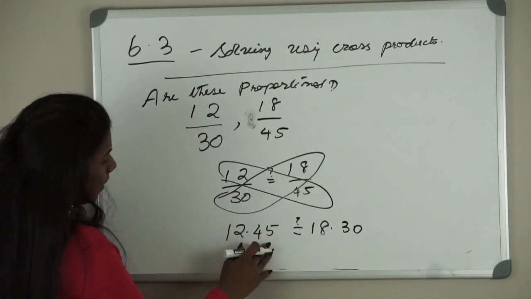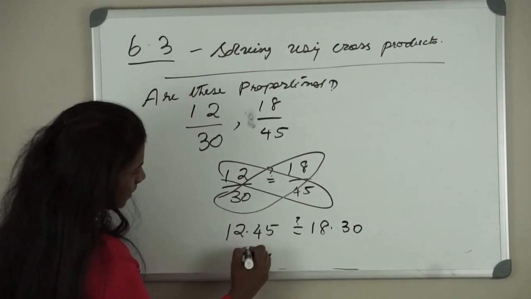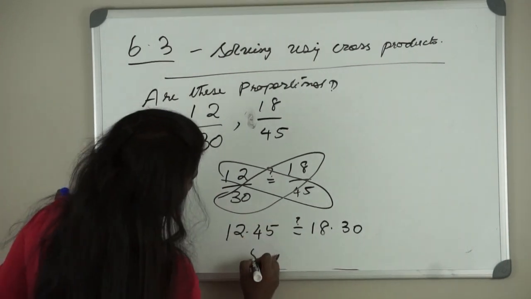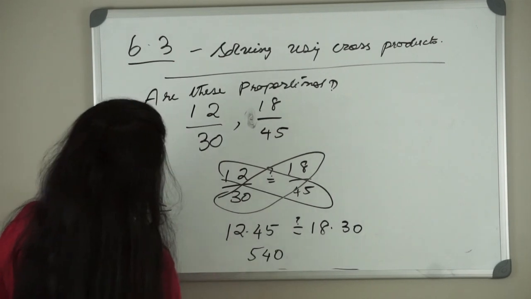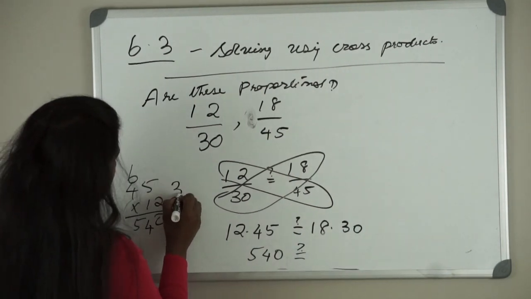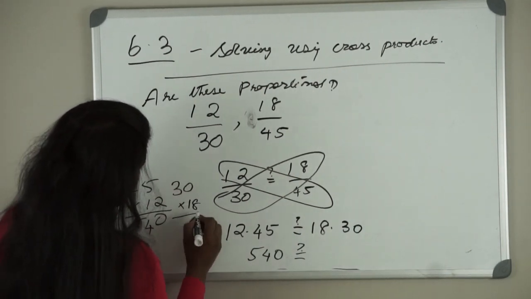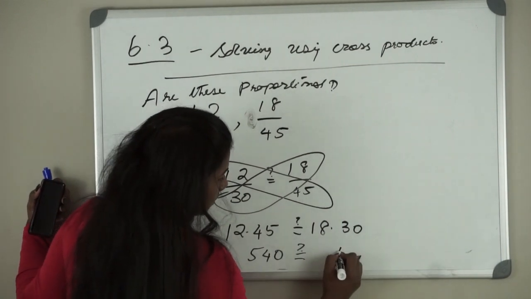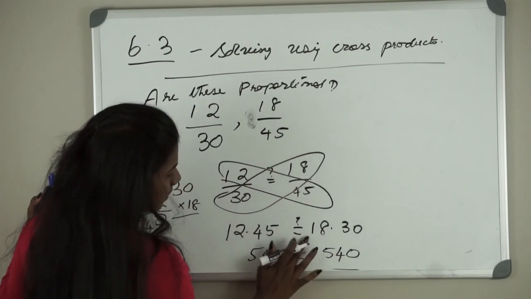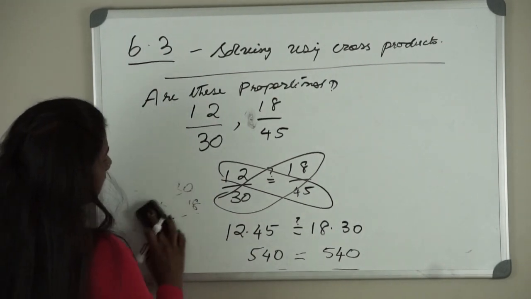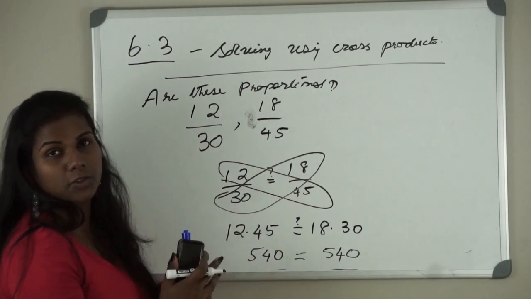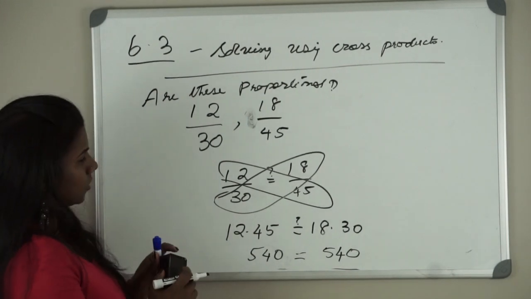So what is 12 times 45? 540. And what is 18 times 30? 540. So it is equivalent. So I can say now that these two ratios are proportional. This is another question you'll be asked.